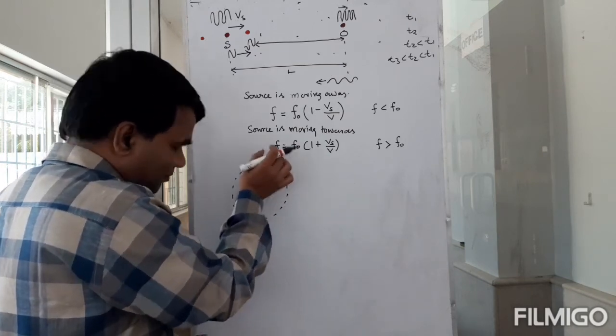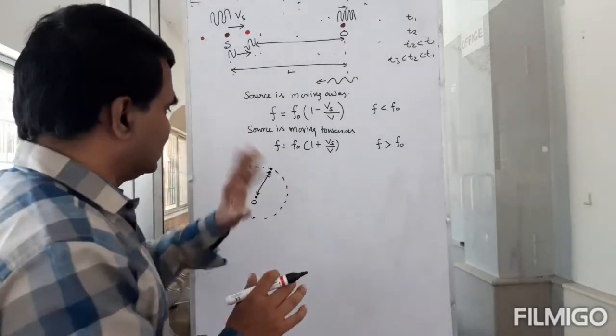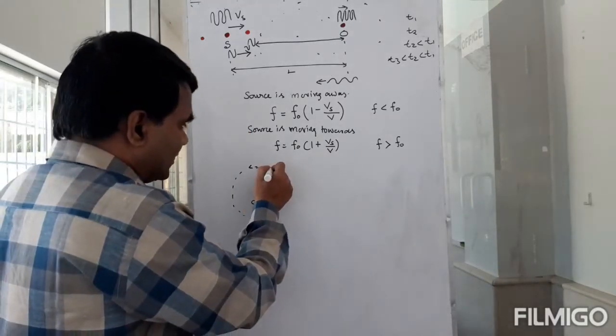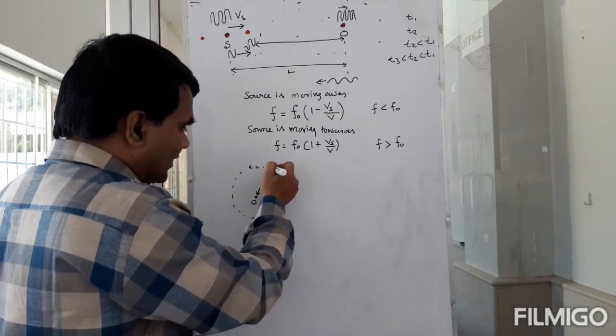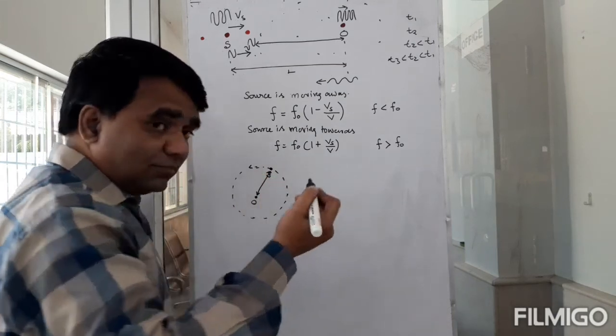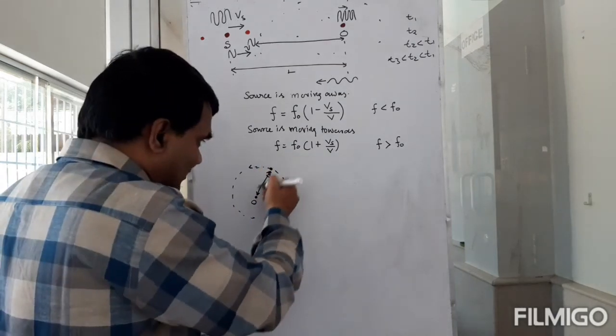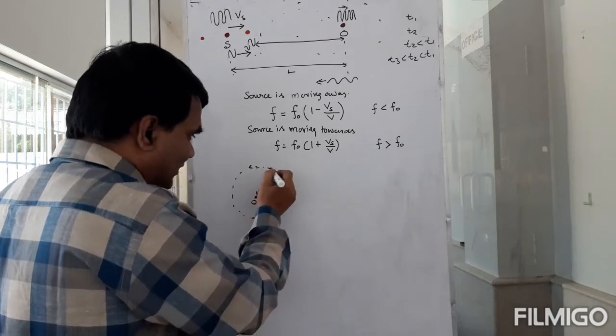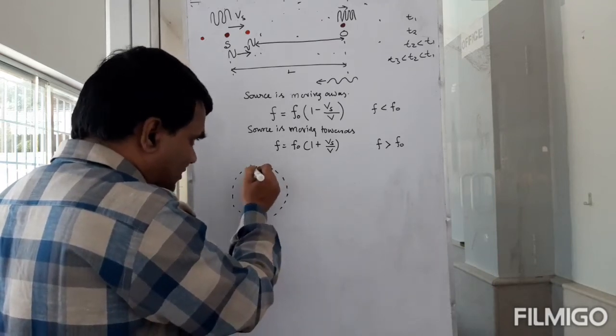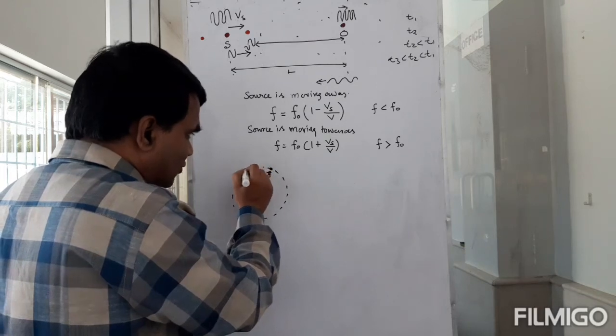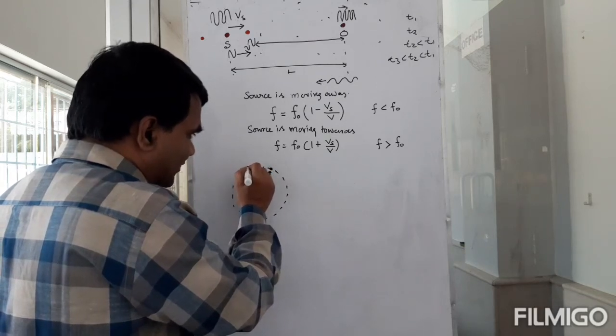Okay, I just got it the other way. This is the source, and this is the observer. Then when this produces the first pulse, it will take a certain time to reach me. Then when it produces the second pulse, maybe it produces it when it is here.